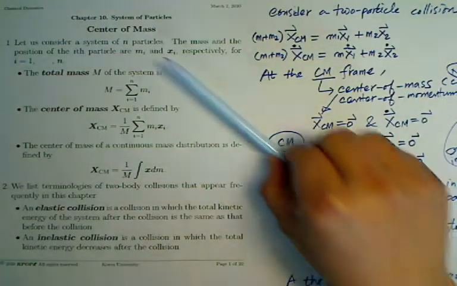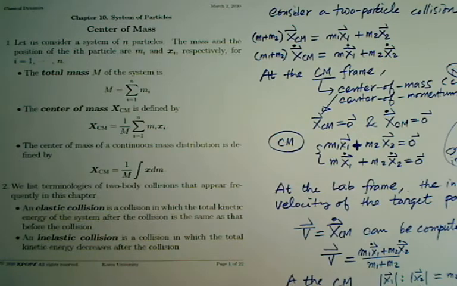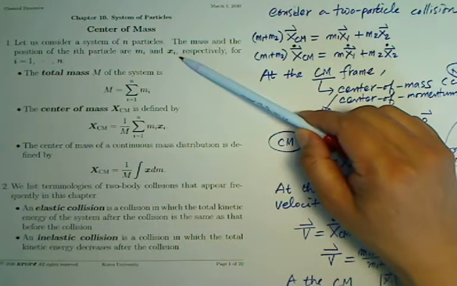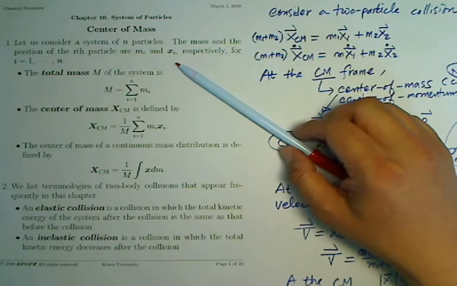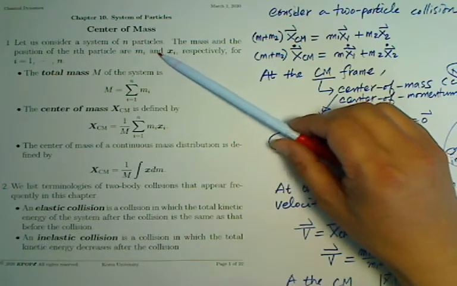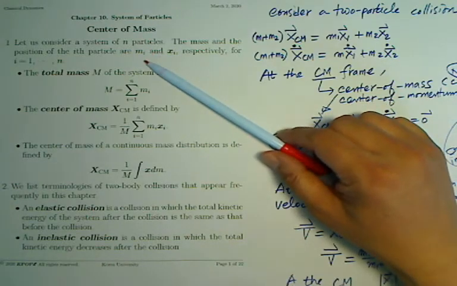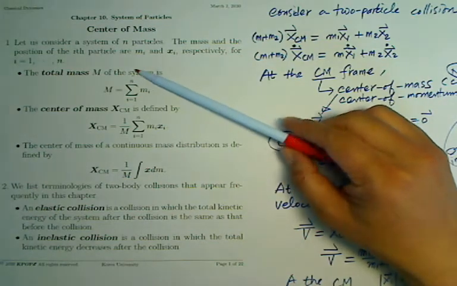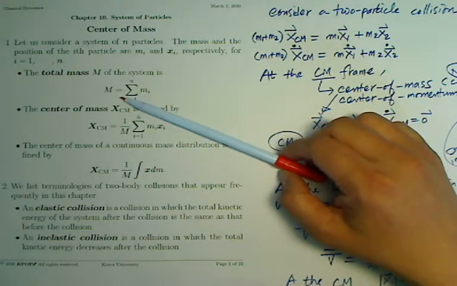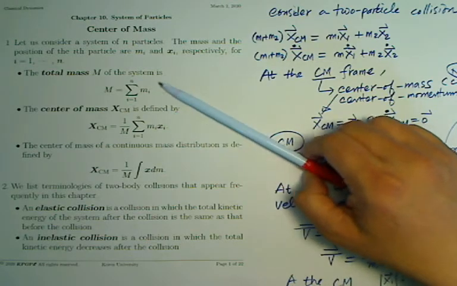First, let us consider the center of mass of a system of particles. We let xi be the position of a particle, ith particle, whose mass is mi. We treat all of them as massless, point-like particles. So total mass of the system is a sum of each mass.